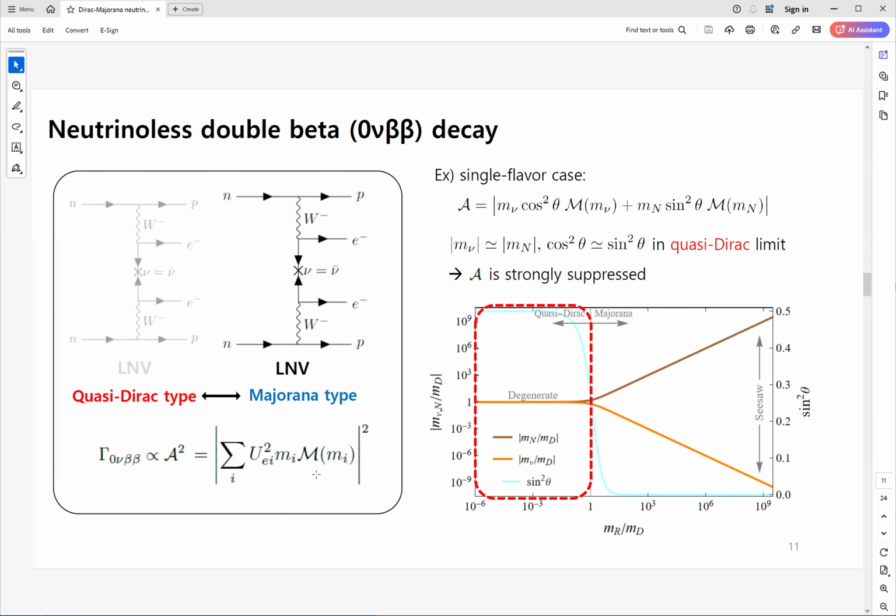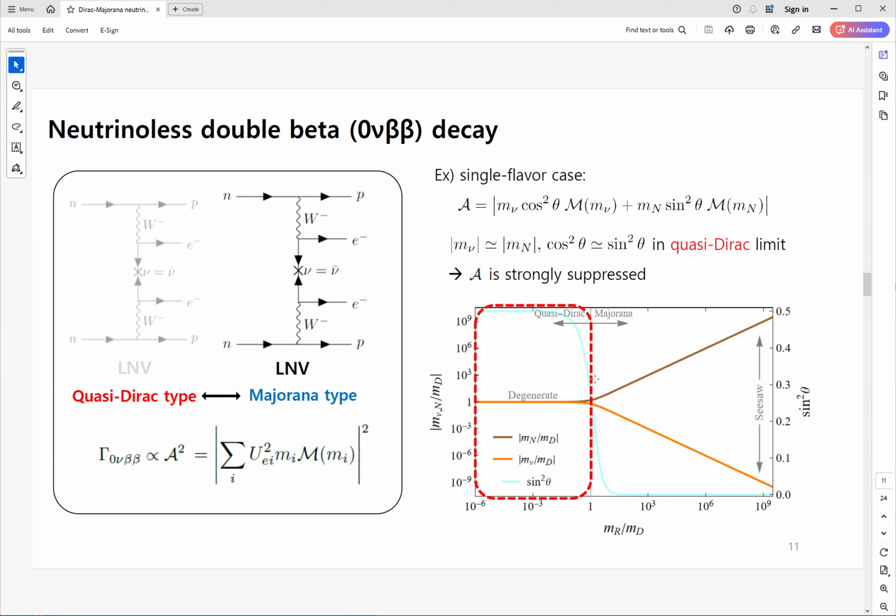with the nuclear matrix element. This matrix element is a function of the neutrino mass, and we also consider the extended PMNS matrix to include the sterile neutrino contribution. For example, for the single flavor case, one term comes from the active neutrinos and the other term comes from the heavy neutrino. And in the pseudo-Dirac limit, the active neutrino mass and the sterile neutrino mass are almost degenerate with a small splitting, and also the mixing angles are maximal in the pseudo-Dirac limit.